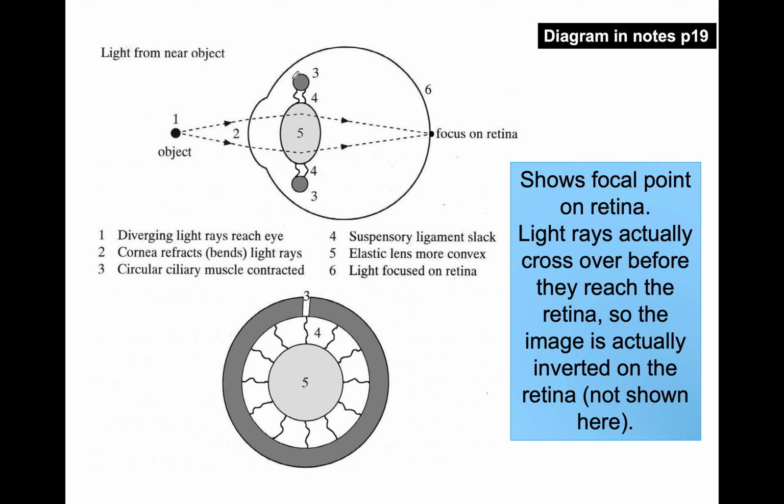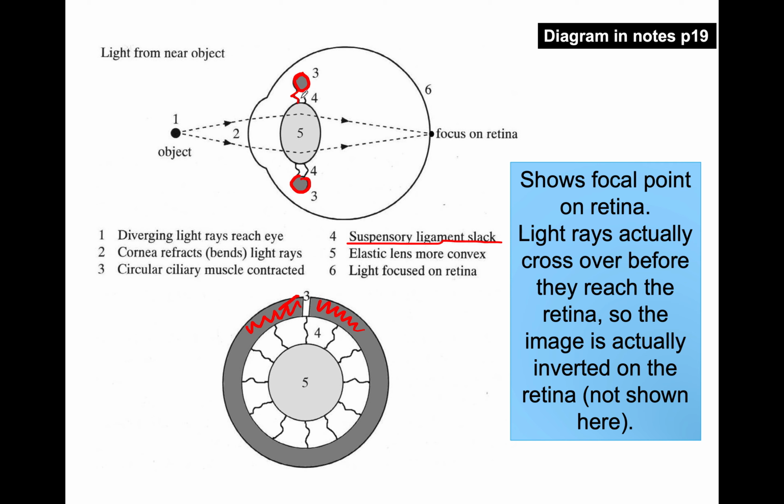So to focus on a near object, shown here in both diagrams by number 3, the ciliary muscles, I'm just going to show that, and all the way around, the ciliary muscles contract. They increase in size, which means that the suspensory ligaments become slack.